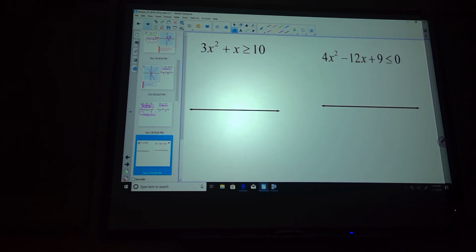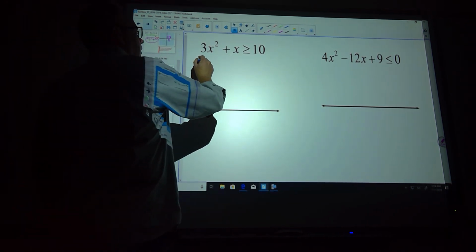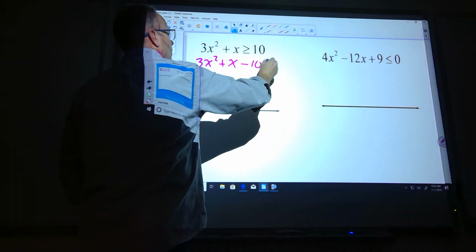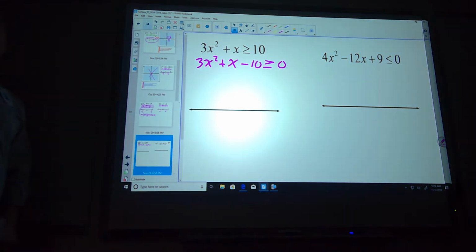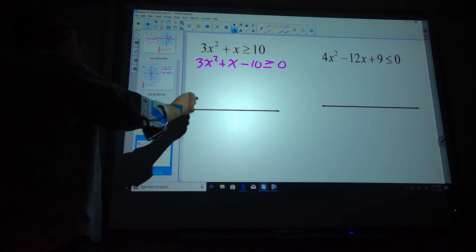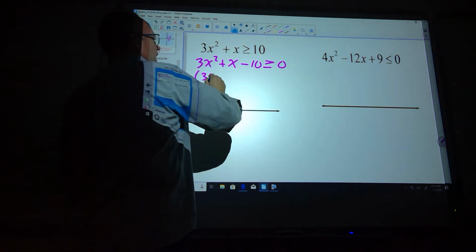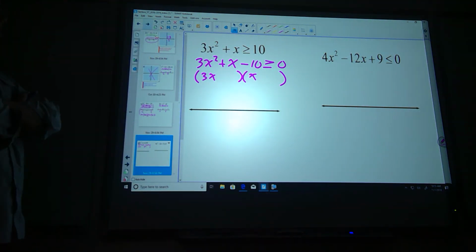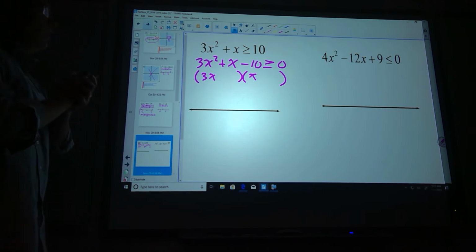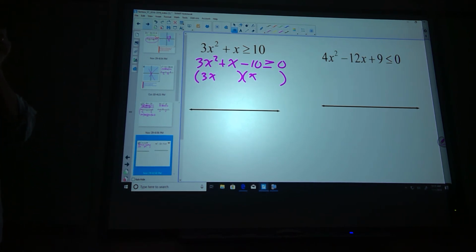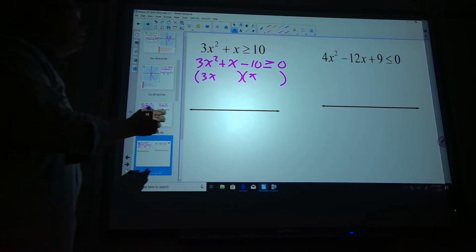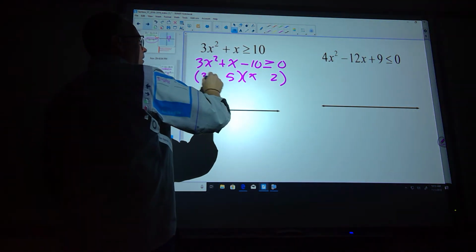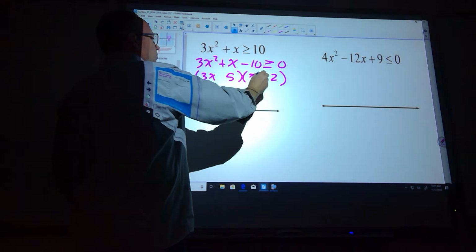All right. Agree? We can see if we can factor it. I got 3x and x, I know that. We can start guessing and checking a little bit. So to get to 10, 2 on the outsides, 5 here, plus, minus.